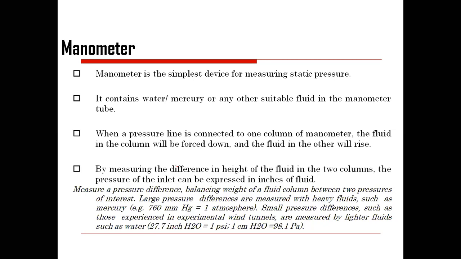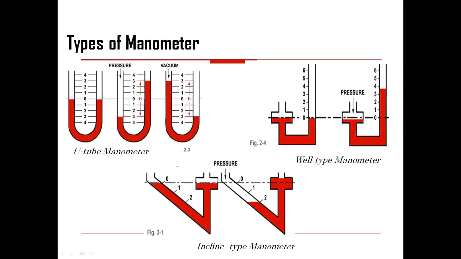So that is your H2O, H subscript 2 O. So this is the symbol for your water. Okay, which is equal to 1 psi, and 1 centimeter H2O is equal to 98.1 Pascal. Okay, so these are the conversions that are provided.